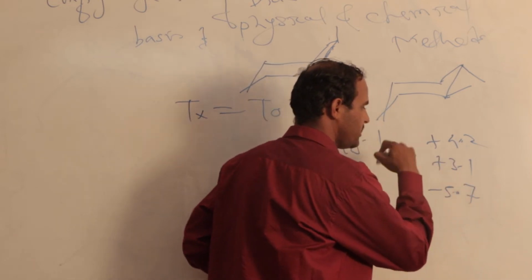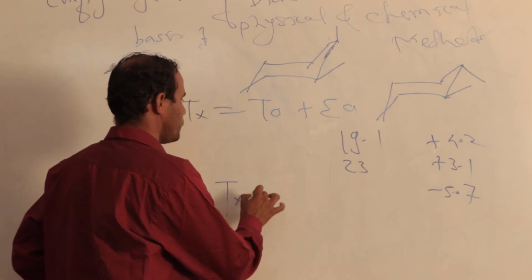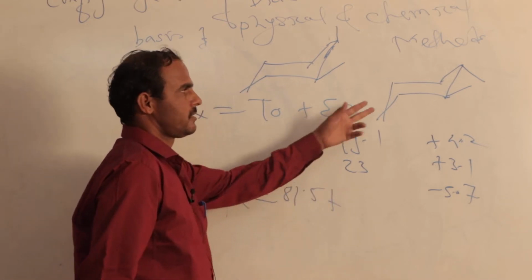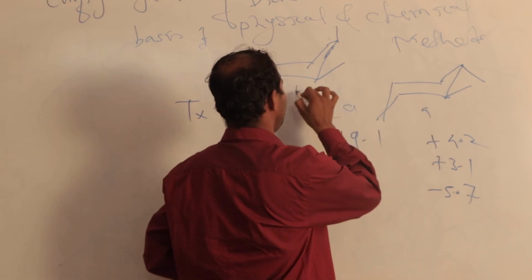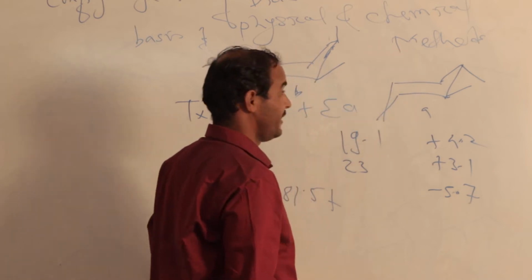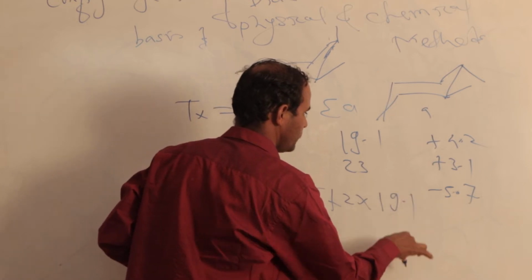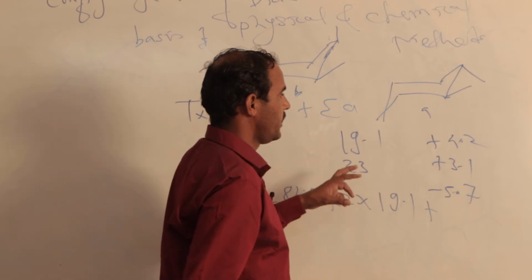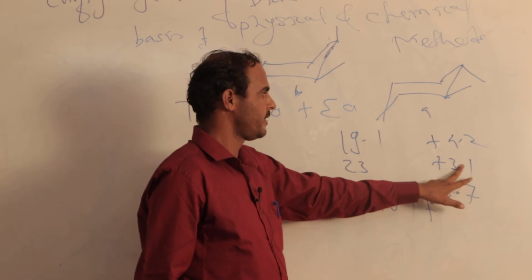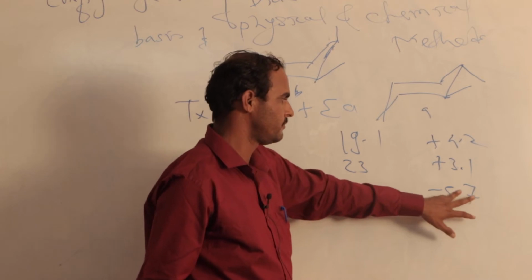So add these values in the formula to calculate their boiling points. So Tx is equal to the boiling point of the parent compound, 81.5, plus, if you consider this is A and this is B, here two methyl groups are present in the equatorial forms, and therefore 2 into 90.1 plus the equatorial methyl groups increment 4.2, equatorial axial increment 3.1, and 2 geminal dimethyl groups increment minus 5.7.